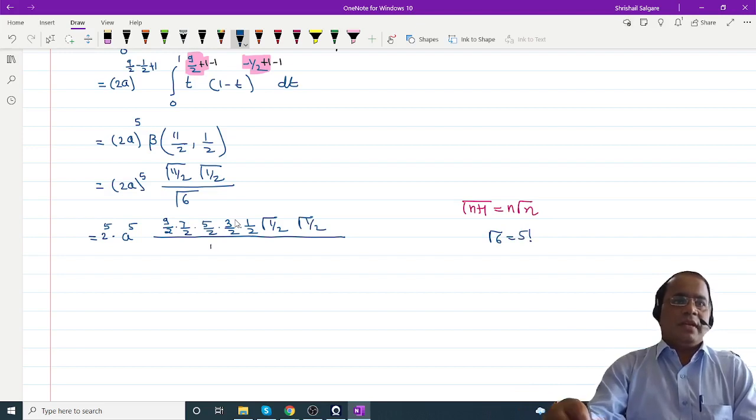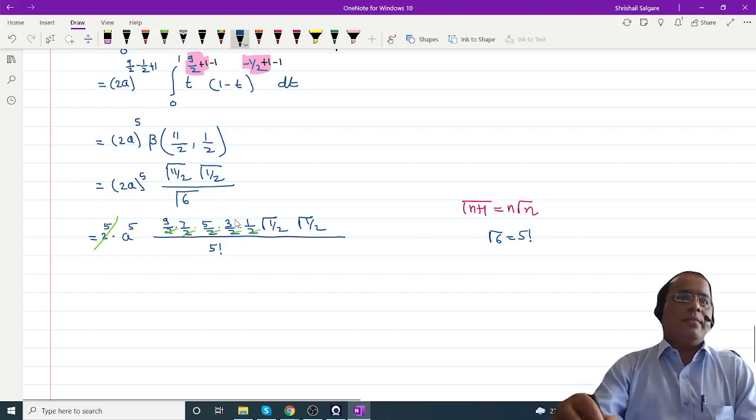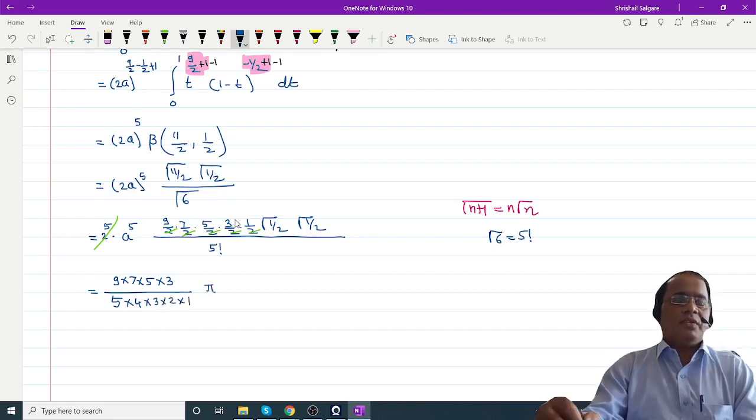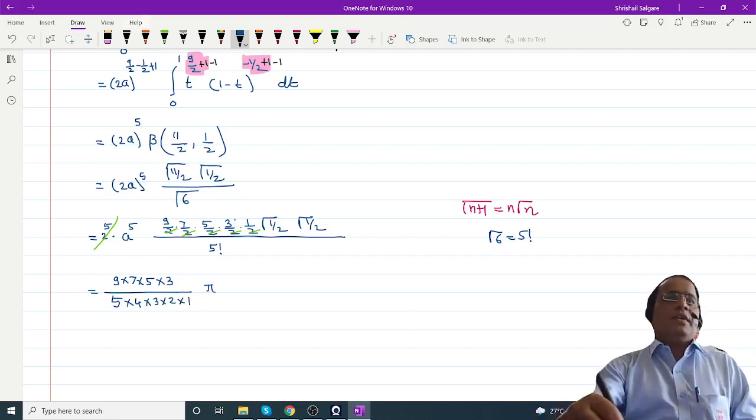Now this 2 raised to 5 I will cancel with 1, 2, 3, 4 and 5. The remaining term is 9 into 7 into 5 into 3 divided by 5 factorial, which is 5 into 4 into 3 into 2 into 1. Gamma 1 half is root pi, gamma 1 half is root pi. Now I will cancel this 5 and the 3s. So further simplification is not possible now.